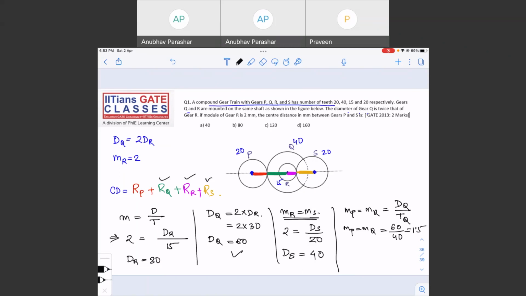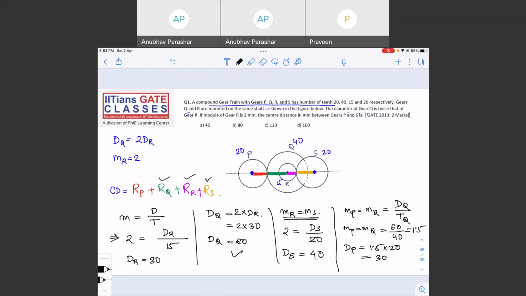If the module of P is 1.5, what is the diameter of P? The diameter of P is module times number of teeth, 1.5 into 20, that is 30. So what is the center distance then?